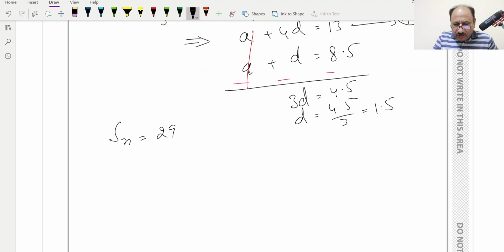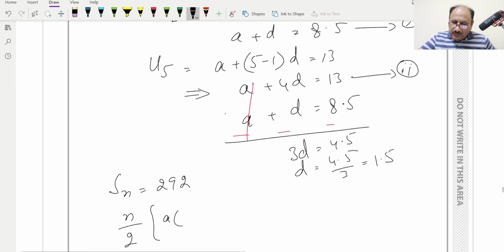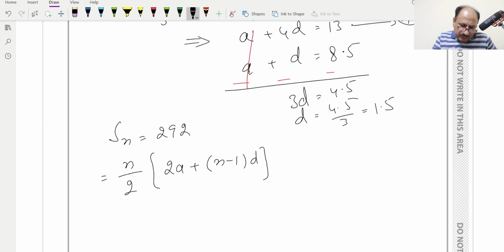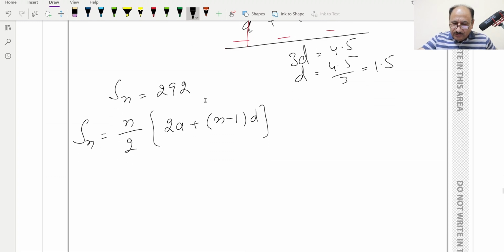Sn is n over 2 into 2a plus n minus 1 into d. This will be the formula for Sn. Now we can replace the values.